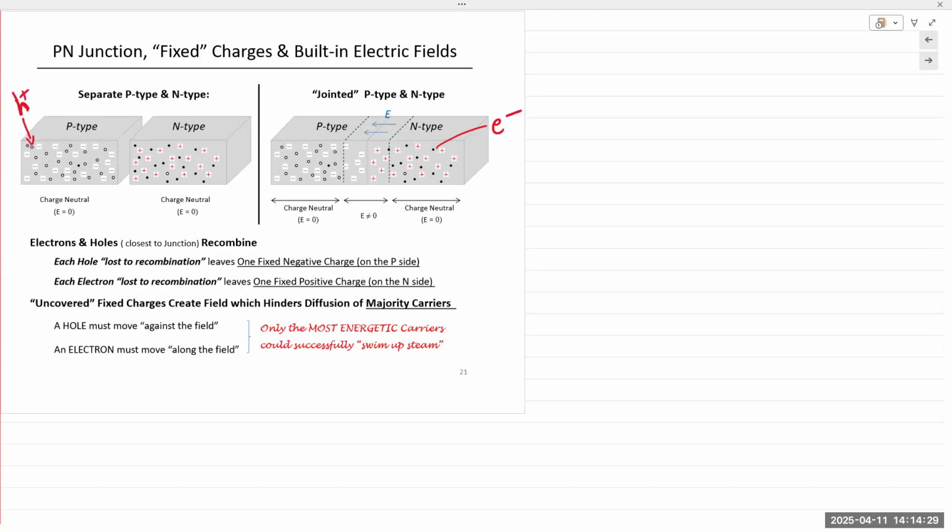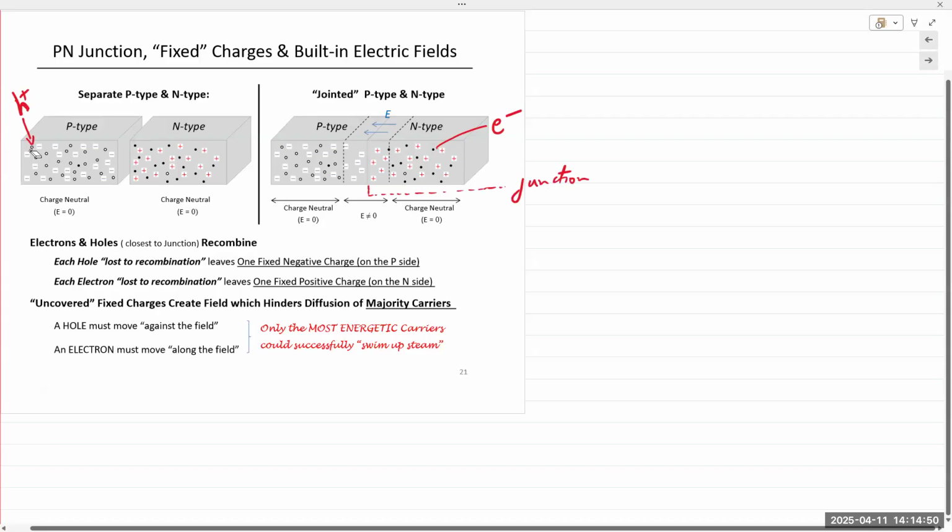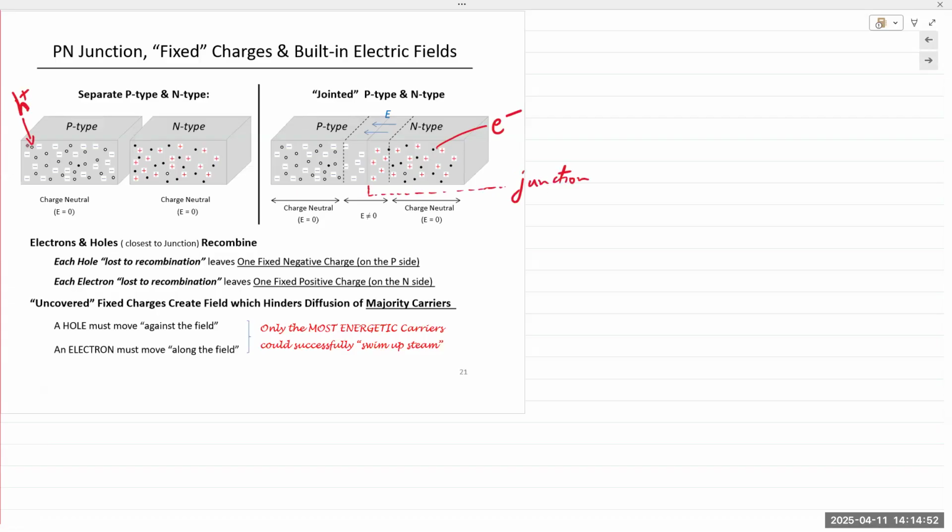If you bring P and N-type material together, you obtain what is known as the junction. We refer to this as the junction.